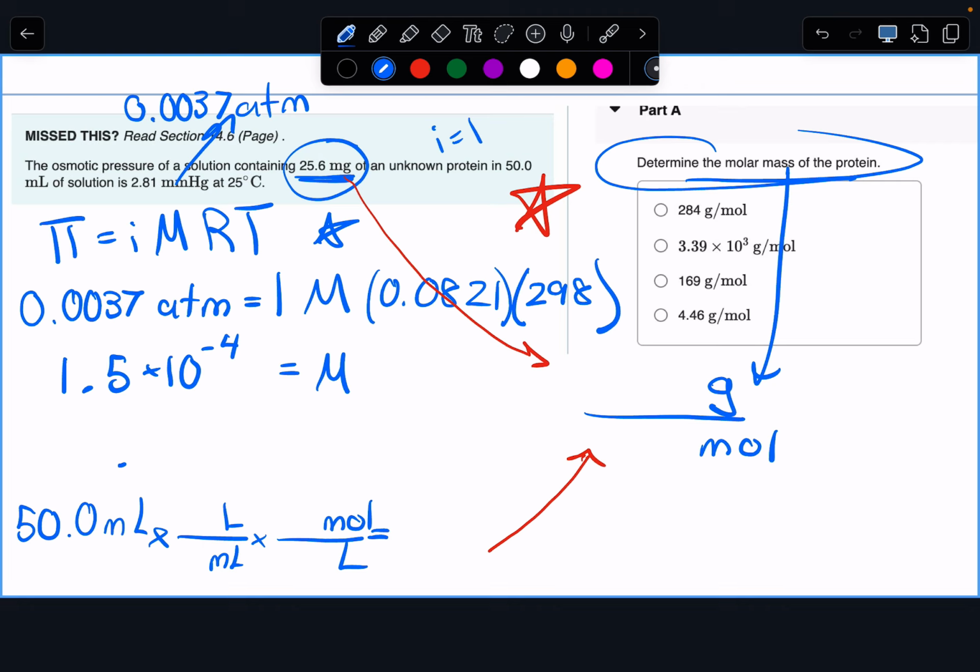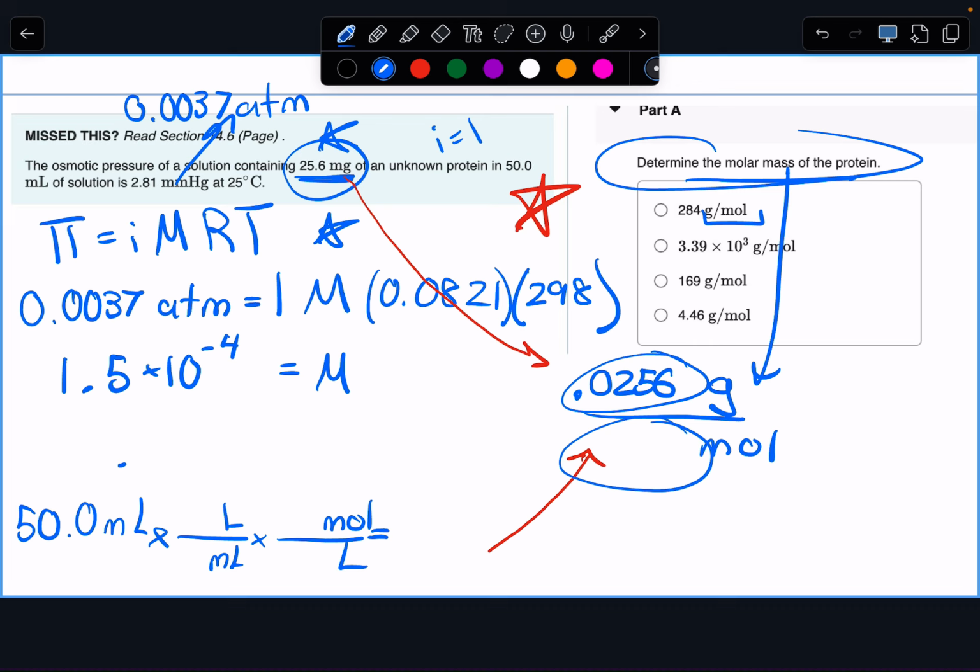So the best way that I think you can think about this is the units of molar mass, which, it's multiple choice, it's right there. So think about what are the grams and what are the moles, and then divide one by the other. The grams is actually given to you in the question. I have to put it in grams instead of milligrams, but it's pretty much given to you.